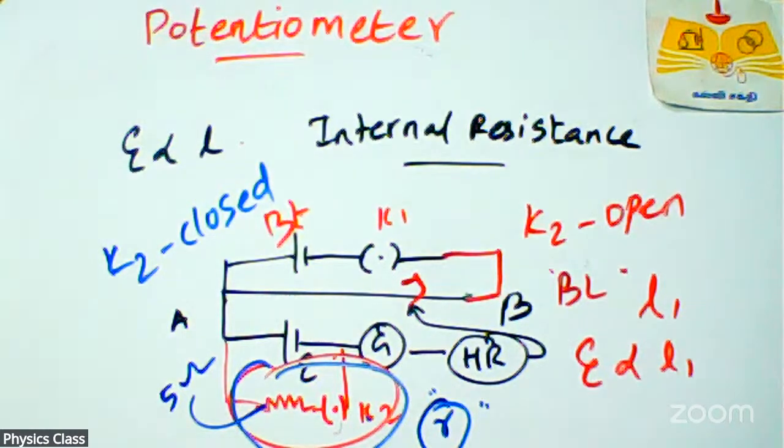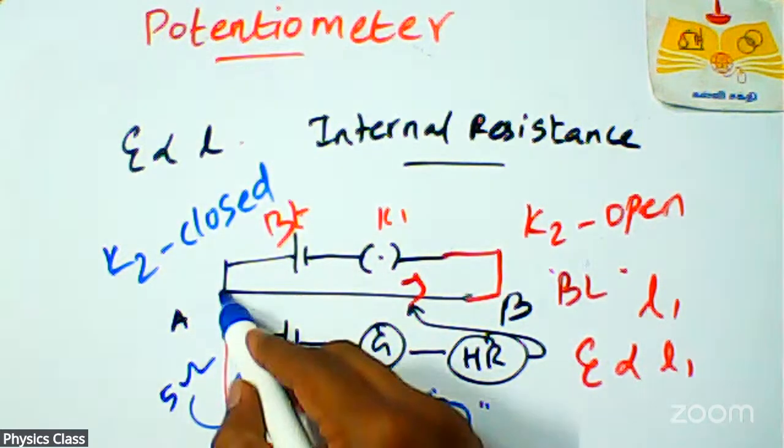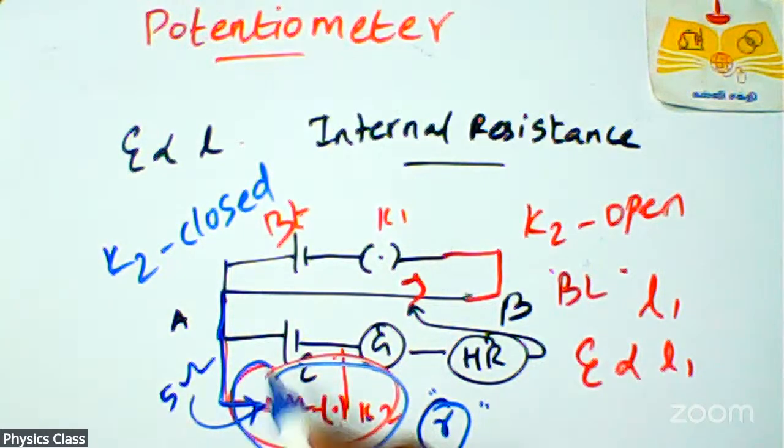Current passes through that cell and the resistance box also, because current is flowing through this circuit. So current flows through the cell and the resistance box. r is the small internal resistance of the cell.